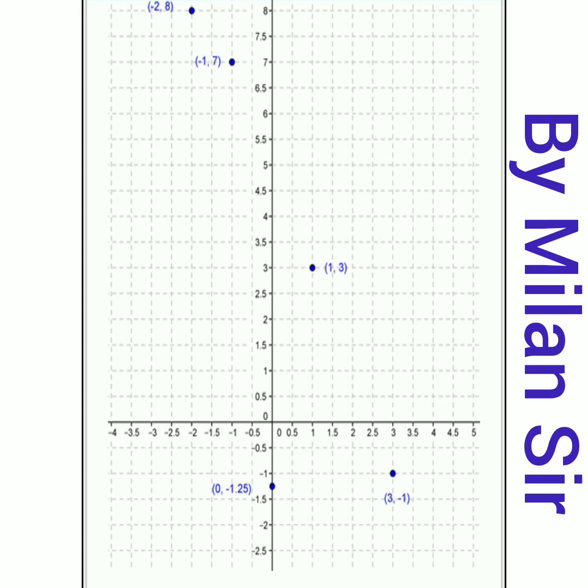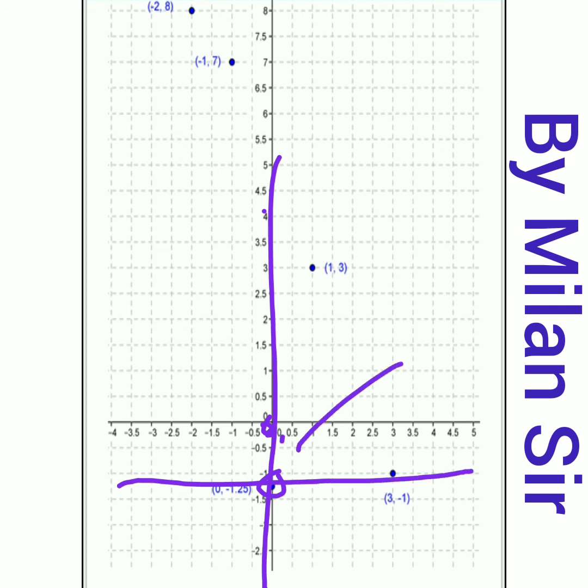One more thing, here we located the point. On the x-axis we have 0 and on the y-axis minus 1.25. Now from the x coordinate we need to draw a vertical line like this, and from the y coordinate we need to draw a horizontal line. So the intersection point lies on the y-axis.